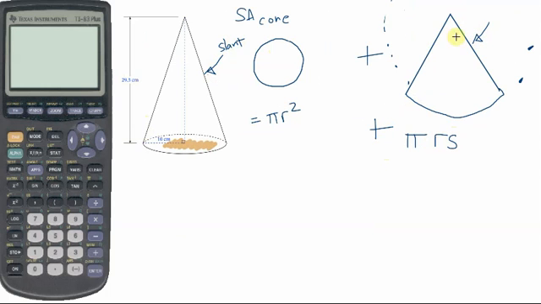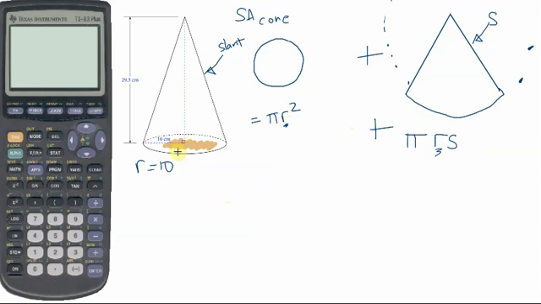This is where the s is. It's on a slant. However, we're given a vertical height. And we're going to need to do a bit more work to figure out what that slant height is. We already have the radius, which is given as 10. The radius is 10, which is the same for here and here. But now we've got to calculate the s.